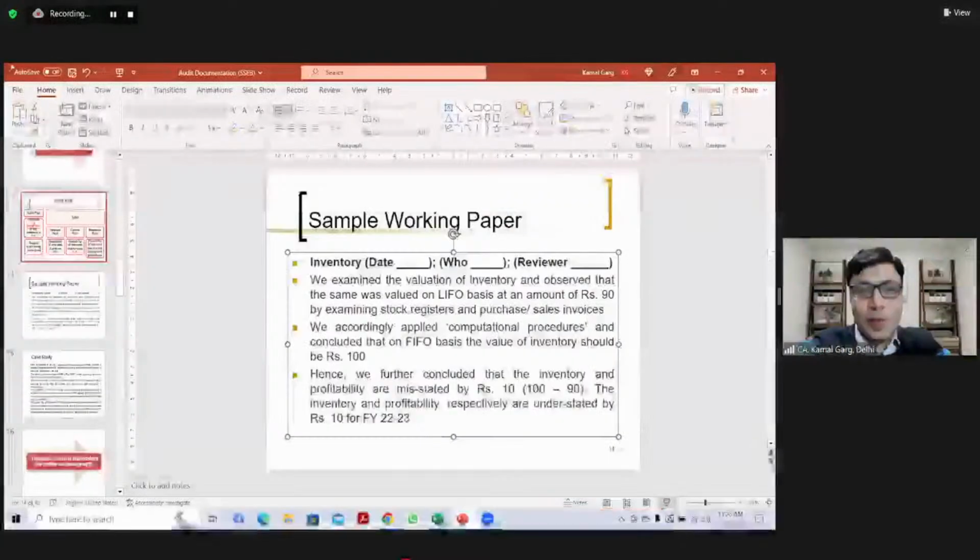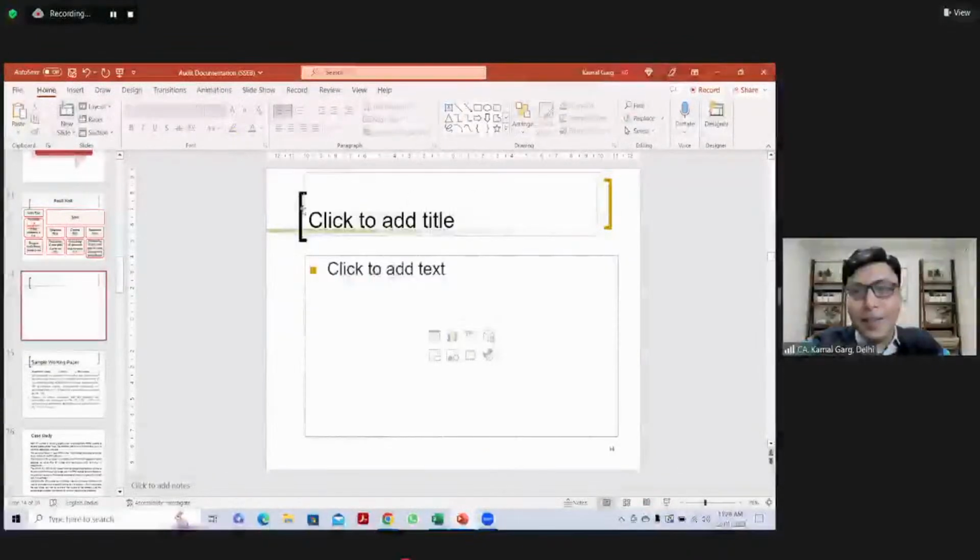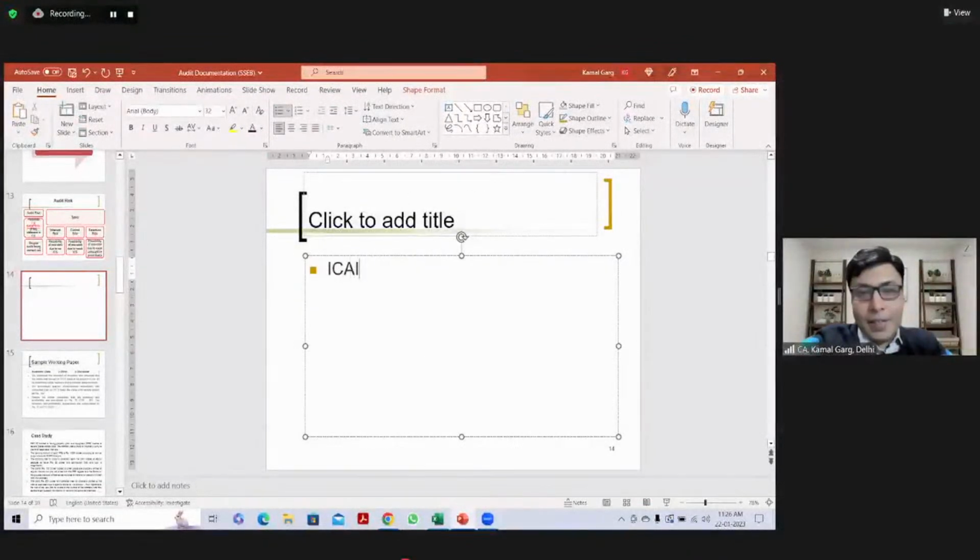Let us take an example to understand. ICAI organized a webinar for students and put up a fees of rupees 100 per student. Let me type on the screen so that the things could become easy, otherwise it will go above the head. So what happened? ICAI, this is a hypothetical question as an example. Don't take it seriously, but understanding will be perfect.